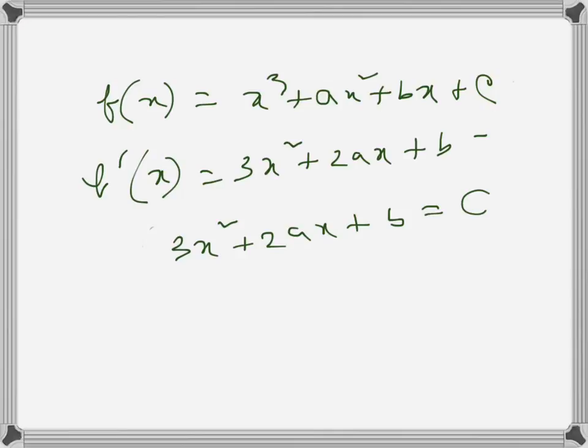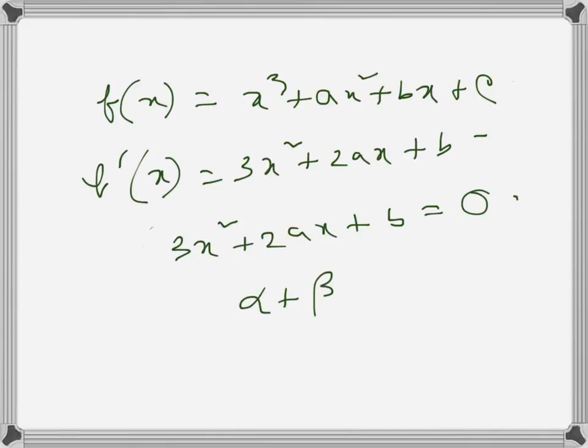This is a quadratic equation, so it will have two roots. The roots are alpha and beta, and for a quadratic equation the sum of the roots is minus b over a, where b is the coefficient of the x term and a is the coefficient of x squared.